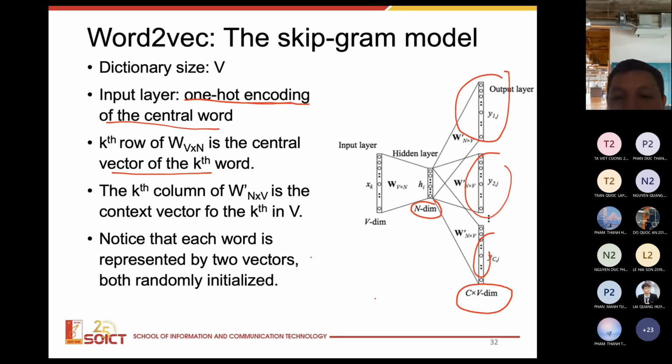W contains the word vector for the target word, and W prime contains the word vector for the word in the context. As in normal neural network training, we randomly initialize W and W prime, and we want the training to optimize them so that the loss is minimized.